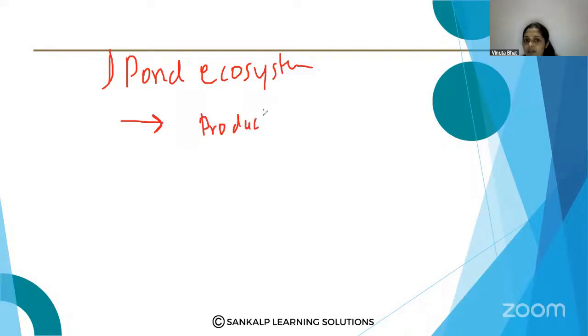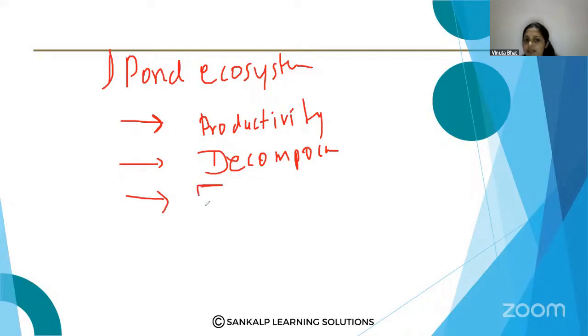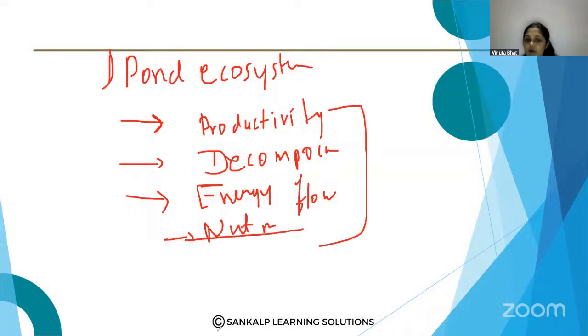We studied productivity in detail. Then decomposition, which is also a main component of the ecosystem. Then energy flow, then nutrient cycling. So these are the main components of the ecosystem.